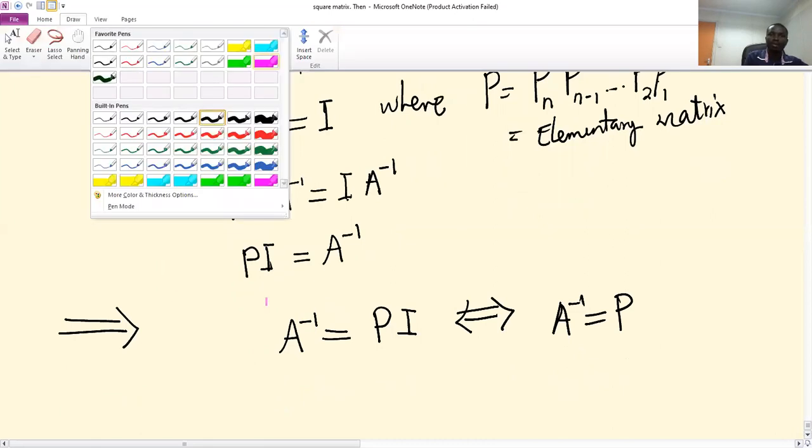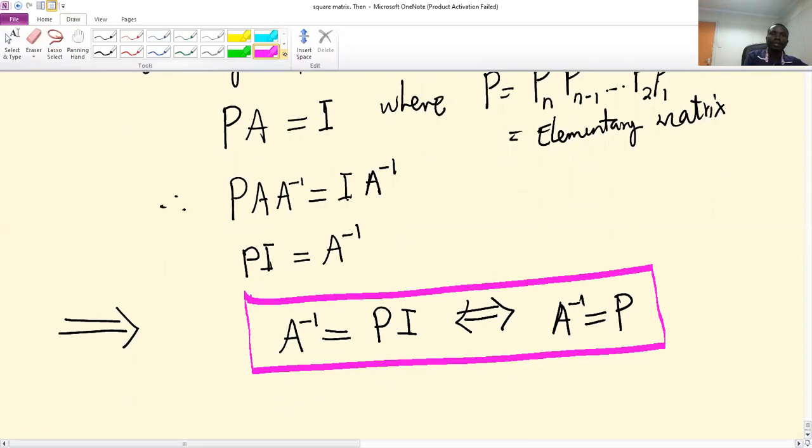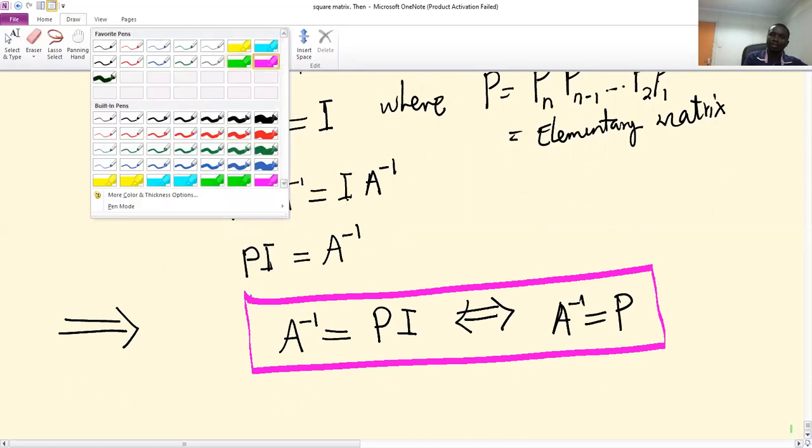So now the question will be, how do you find this P? To find P, these are the steps.